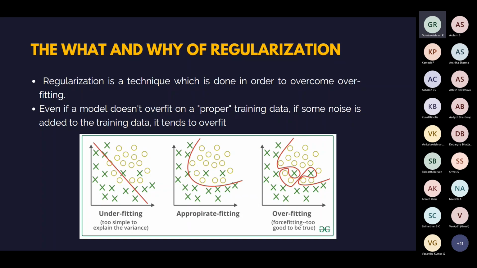They performed well on the proper training data set, but if you manually added some external noise to it, they overfit crazily and gave horrible results. So people wanted to address this issue, and that's why regularization was thought of.